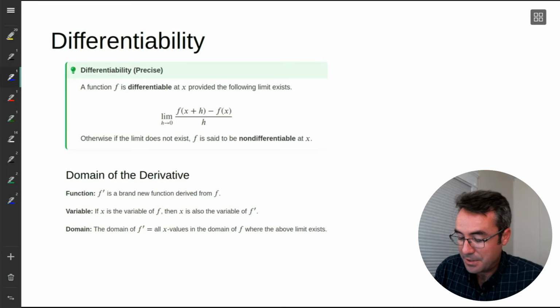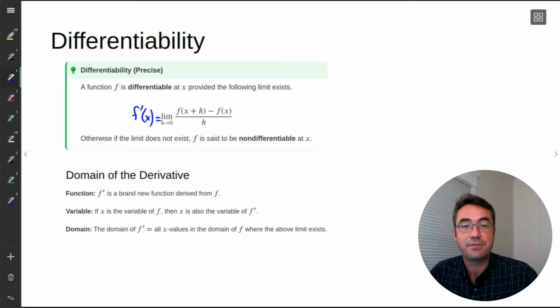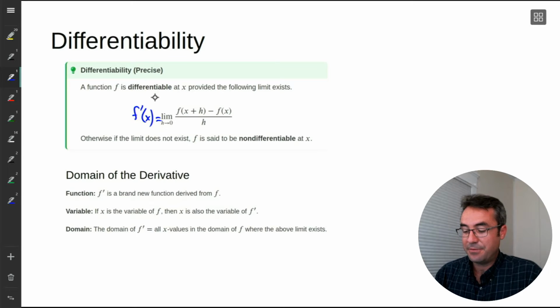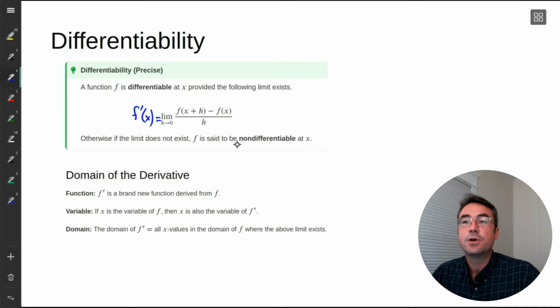We call this the derivative of f at location x, f prime of x. So we say a function f is differentiable at location x if this limit exists. If this limit does not exist, then we say our function is non-differentiable at location x.